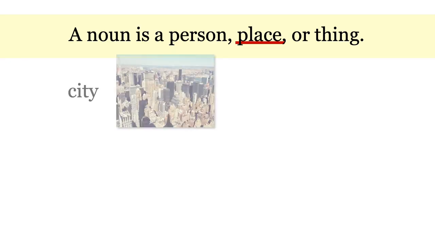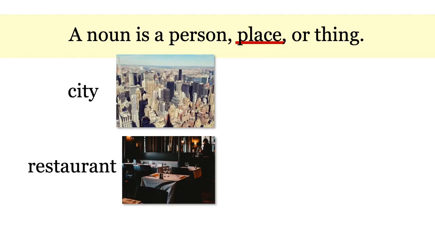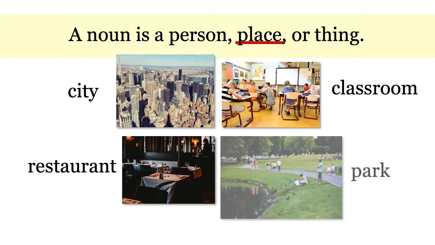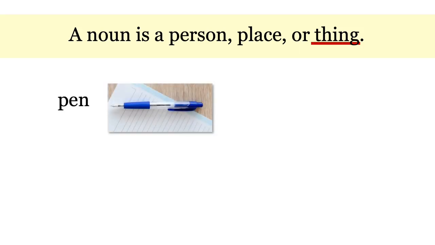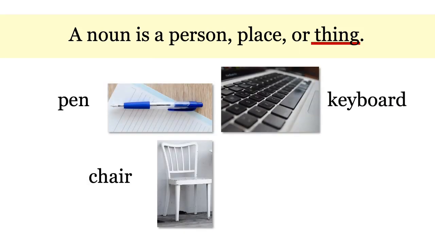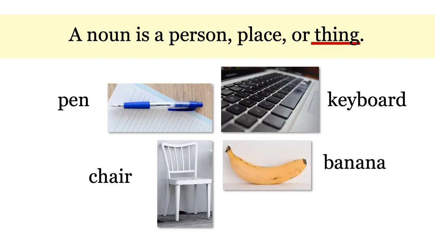The words city, restaurant, classroom, and park are all nouns. And a noun is a thing. So the words pen, chair, keyboard, and banana are also all nouns.